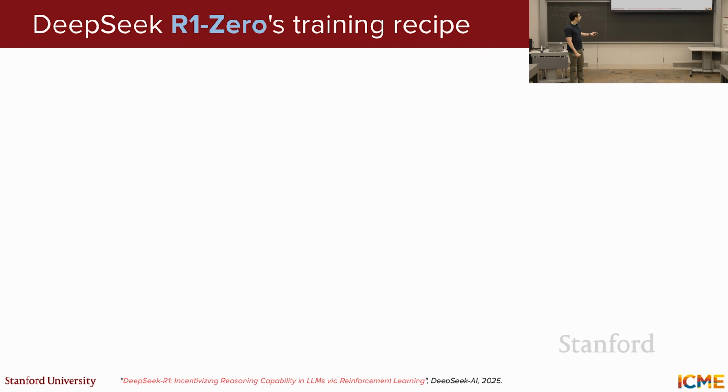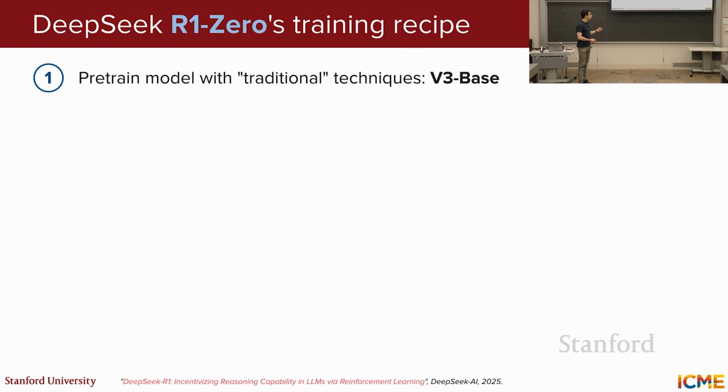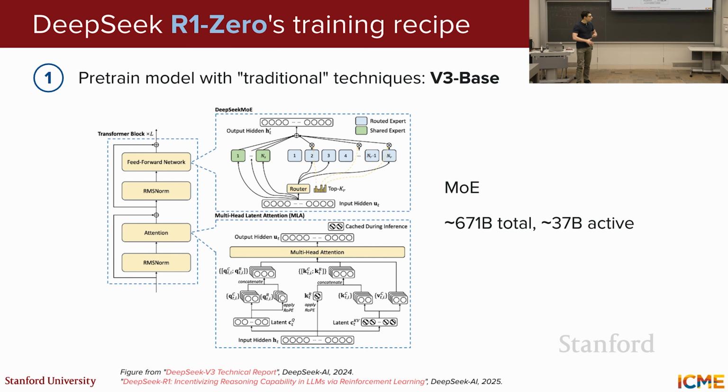Okay, great. So now let's start with the recipe that the DeepSeek folks used for the R1-Zero model. They first started with a pre-trained model, trained on next token prediction, with the latest architectures and all the bells and whistles. You recall from previous lectures, we talked about mixture of experts.